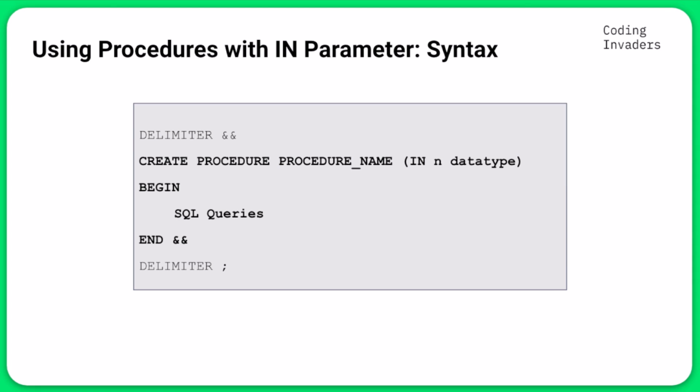Then end it with the delimiter, space, semicolon. If you want to call the procedure, use the keyword CALL, give your procedure name, and give your input value in terms of the IN parameter. This concludes procedures in SQL. In the next lesson, we will learn about procedures in SQL with an OUT parameter.